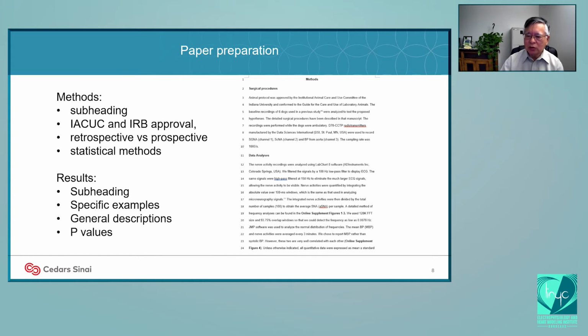So here's for all dog studies, the mean, the standard deviation, what is the p-value, and so forth. That's important to support the conclusion of the paper. Otherwise, you wasted all your dog studies. You just do 1 dog and then report a case report. So in this case, you want both specific examples and general descriptions.